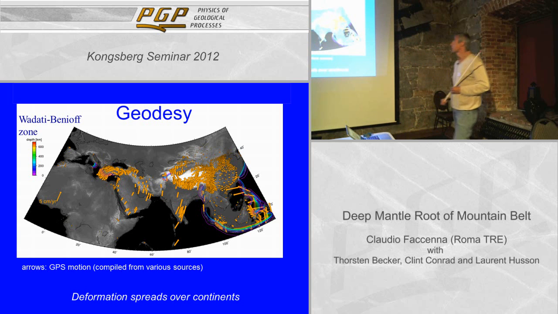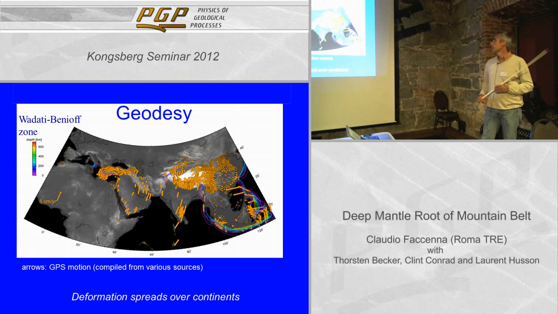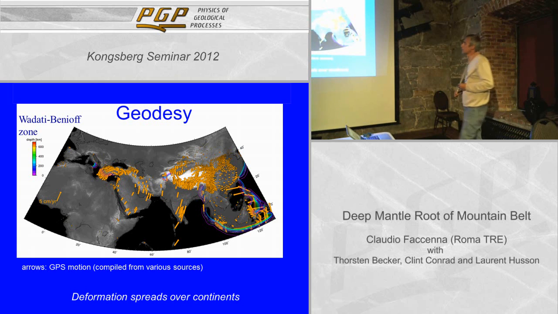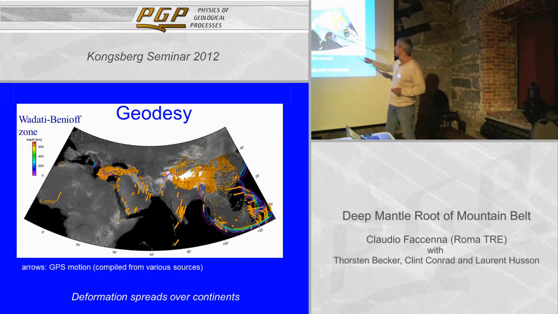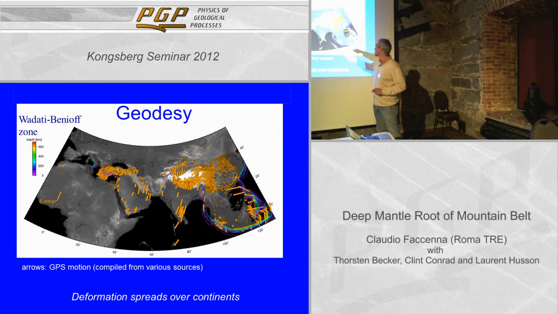This is well reflected also by the geodesy, where the yellow arrows are the GPS velocities with respect to a Eurasia reference frame. Here you may see the nice pattern of indentation, which is the entrance of India inside Eurasia and Arabia inside Asia, at different velocities.